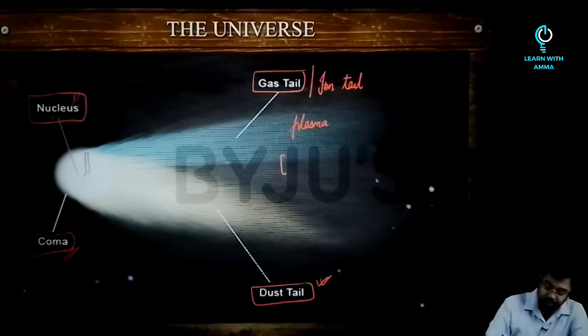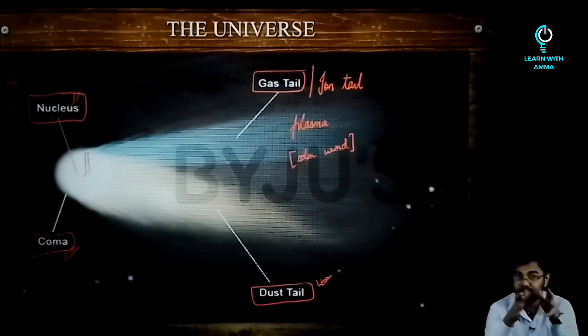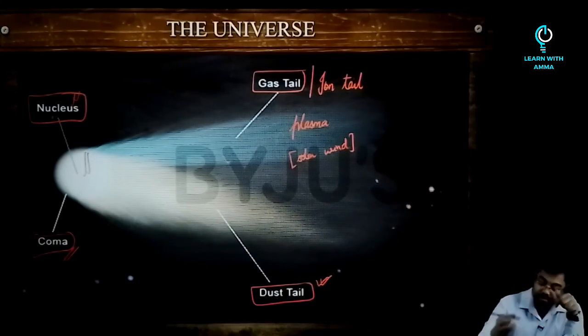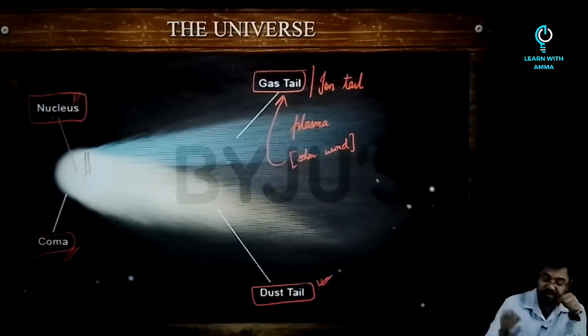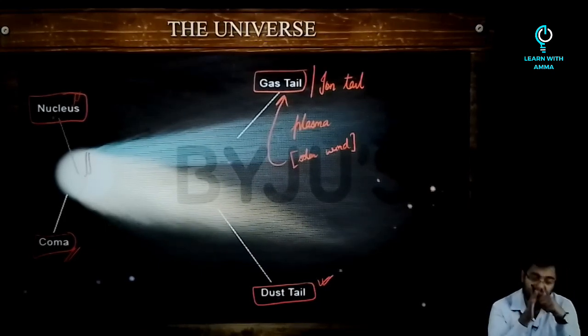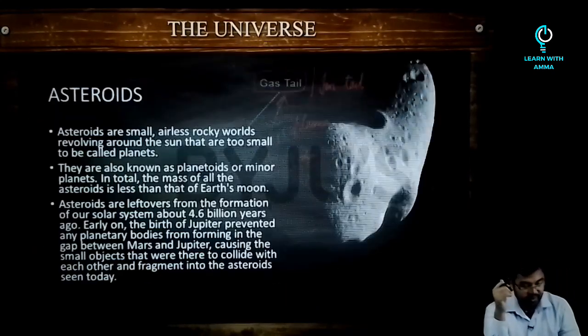If you remember the solar wind, we talked about the fact that it erodes the atmosphere of many of the planets, it interacts with the magnetic fields of other planets, and it is also responsible for forming the gas or ion tail on a comet.